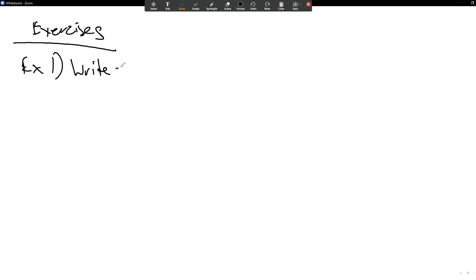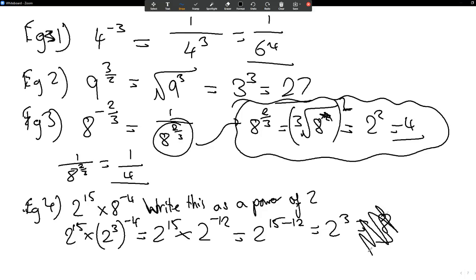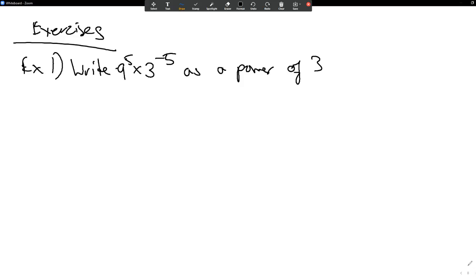Now you can have a go at some exercises. Try writing 9 to the power of 5 times 3 to the power of minus 5 as a power of 3. In fact, we wouldn't write this as 8 because it wants it as a power of 2. So this is what we want. 8 is not a power of 2, my bad.